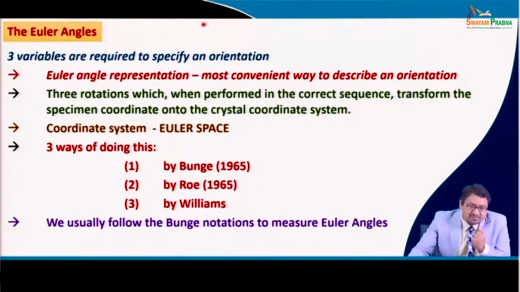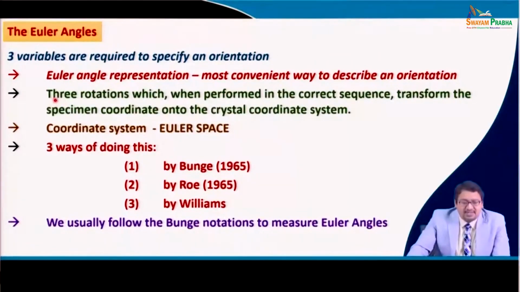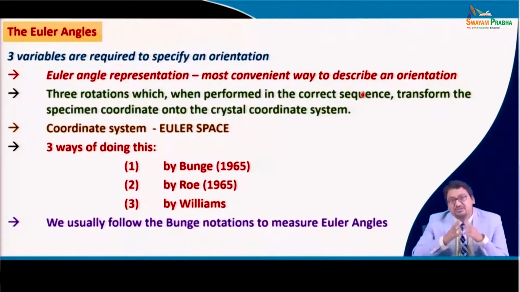So, what are Euler angles? Euler angles are 3 rotations which, when performed in the correct sequence, transform the specimen coordinate system into the crystal coordinate system.